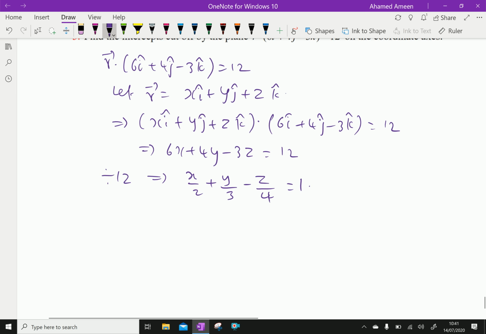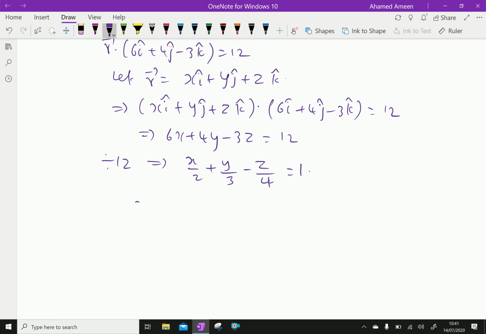This is the intercept form, that is x by a plus y by b plus z by c equals 1 is the intercept form. Using this condition, we have x by 2 plus y by 3 minus z by 4 equal to 1.